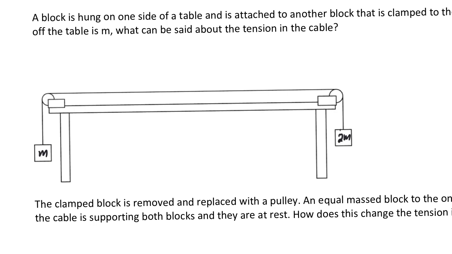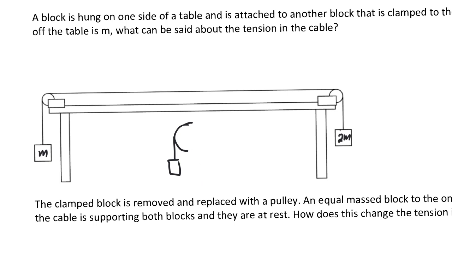It's just a way to space out the cable. This problem is actually the same as a single pulley with a block on either side. It's exactly the same. The fact that it's on a table is just because it's a table. Don't be confused by that. There's really no difference between them.